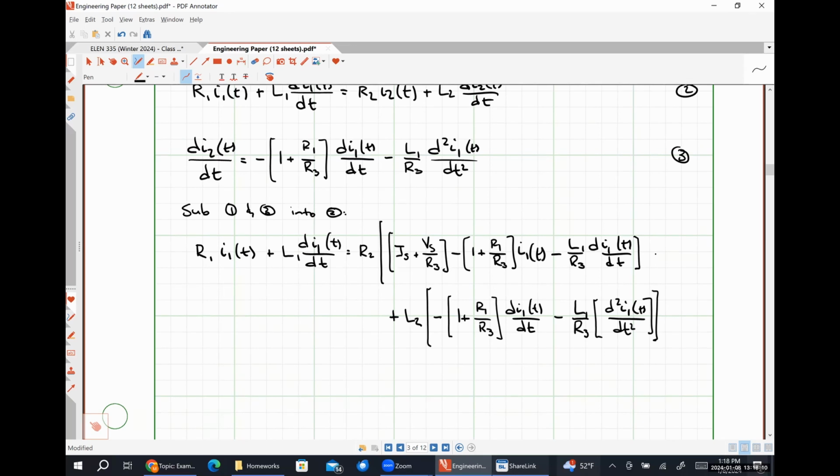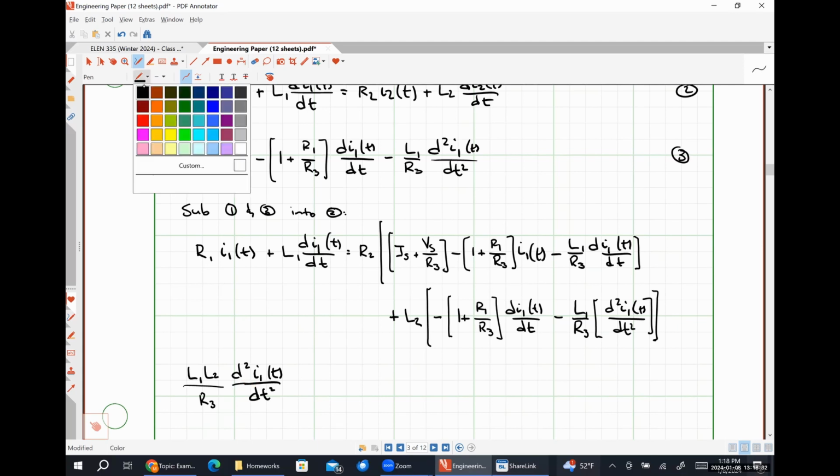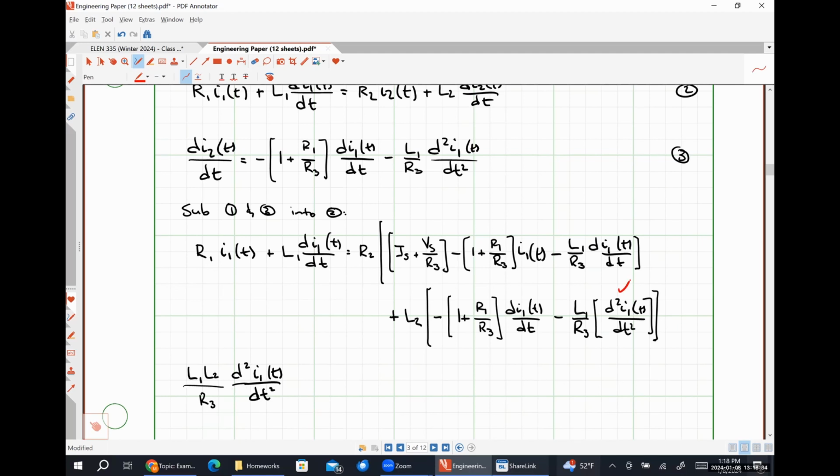So that's going to look like L1 times L2 divided by R3 times the second derivative of I1 with respect to time. Little check mark here. That's my only second derivative term, so that one seems okay.